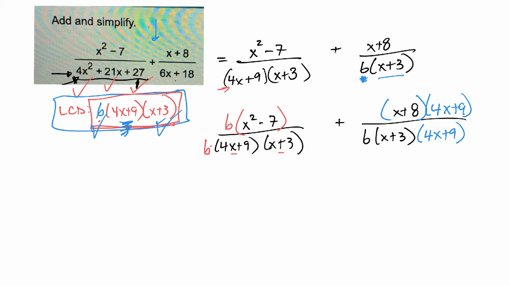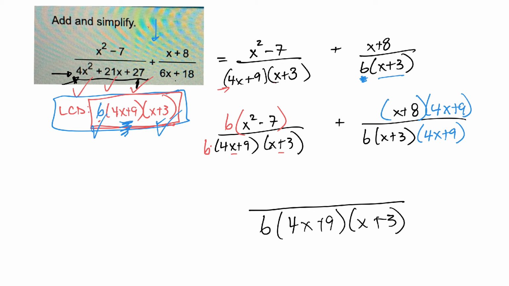Okay, so now I have a common denominator, 6, 4x plus 9, x plus 3. Now I just have to write all that stuff up top. So 6 times x squared minus 7, plus x plus 8 times 4x plus 9.